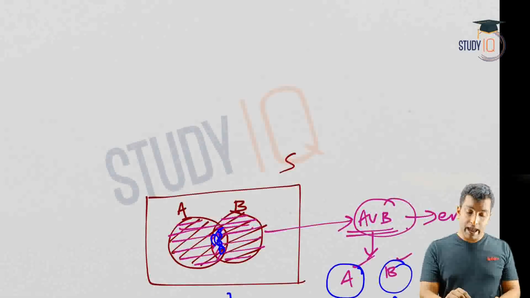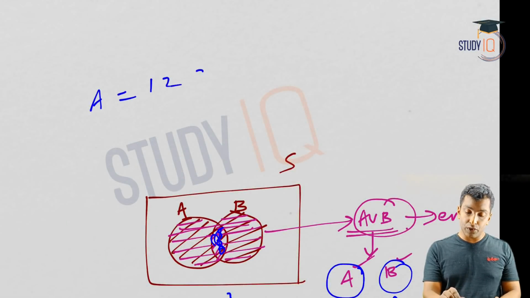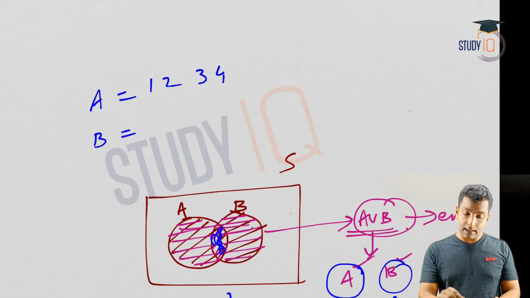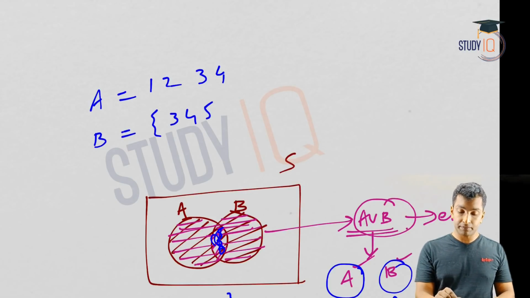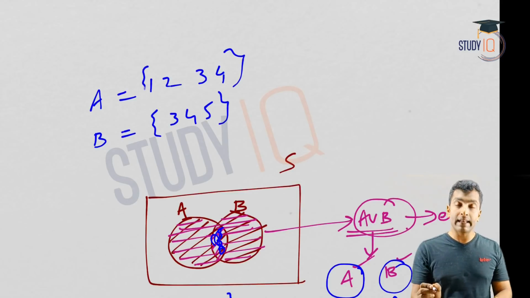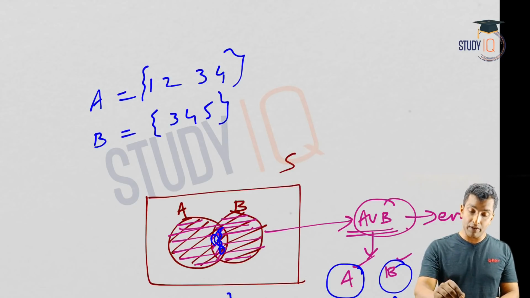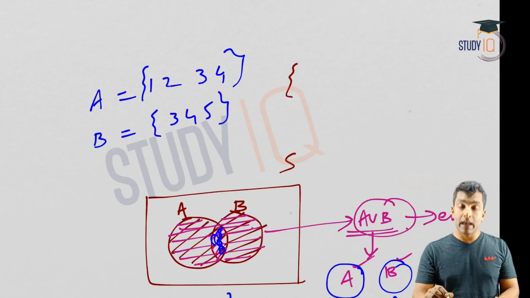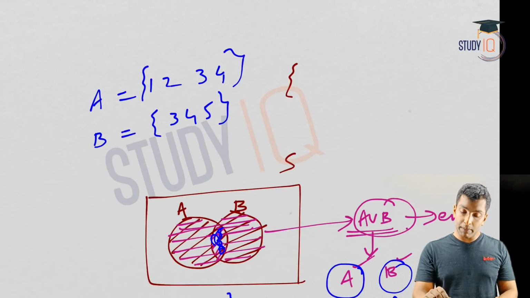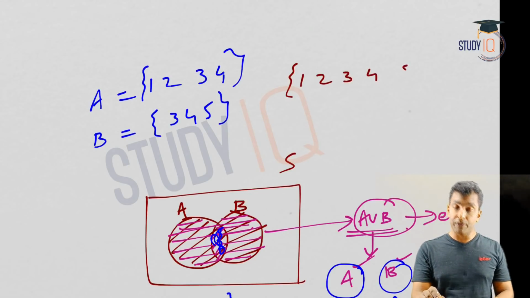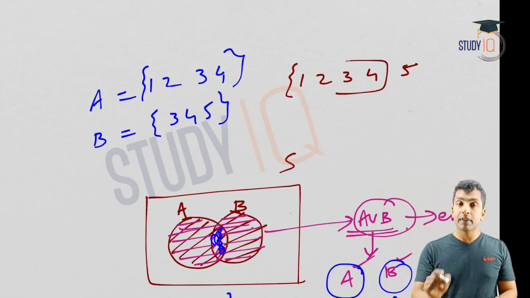But if you take your A as 1, 2, 3, 4 and B as 3, 4, 5. Okay, so A is 1, 2, 3, 4 and B is 3, 4, 5. So what is your A union B? A union B will be 1, 2, 3, 4, 5, in which 3 and 4 are common.